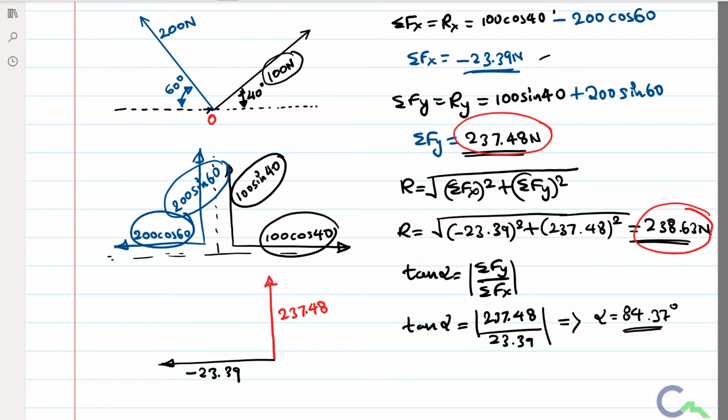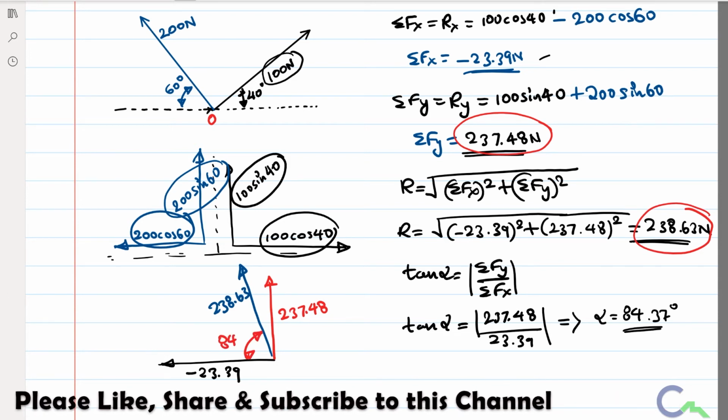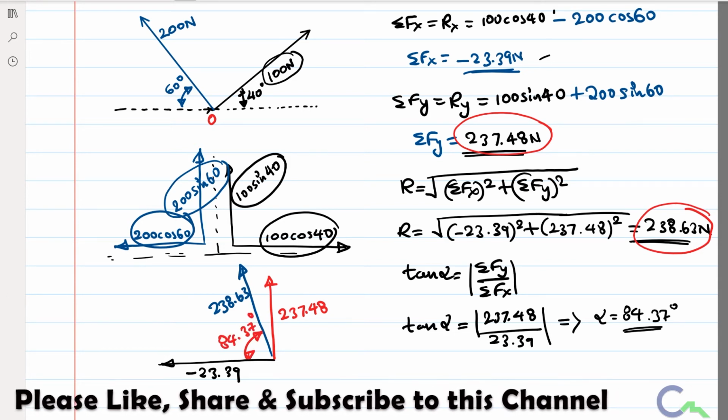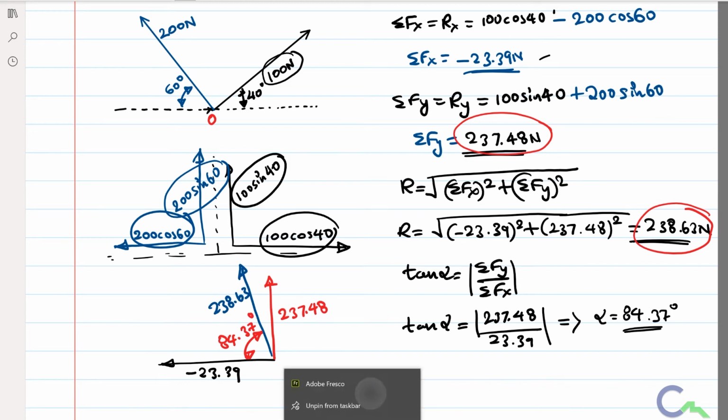So somewhat like this, that value is 238.63. The angle we got with respect to horizontal is 84.37 degrees.